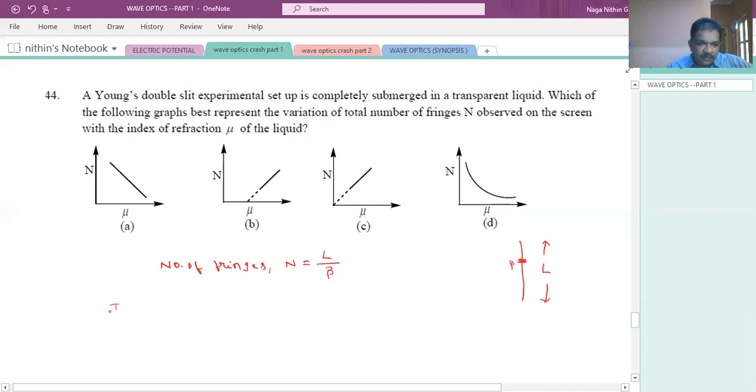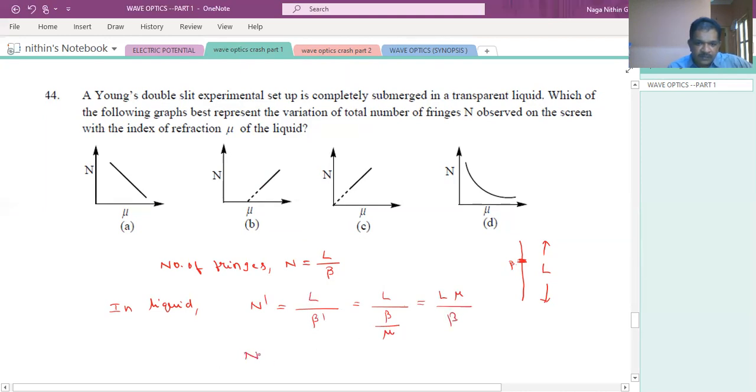In water, or any liquid, what will happen? N dash is equal to L by beta dash, that is L by beta by mu, which is L mu by beta.